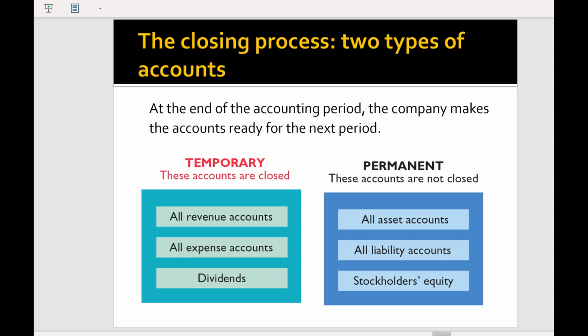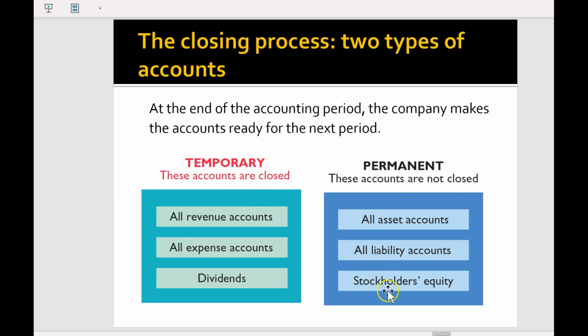So when we talk about the closing process, we need to talk about two different types of accounts. We have different categories for our accounts. Basically, we have assets, liabilities, and stockholders' equity. We have revenues, expenses, and dividends.